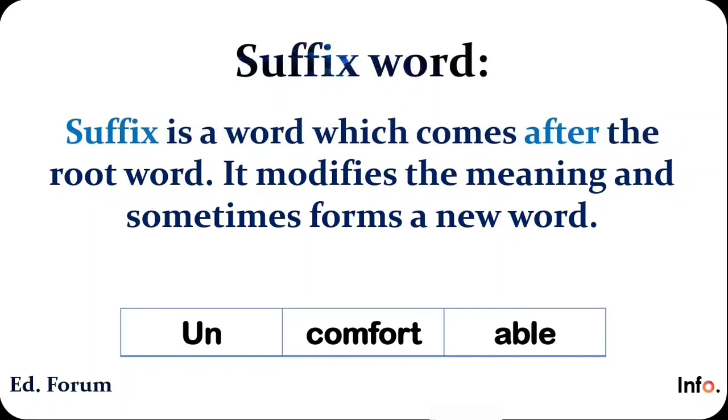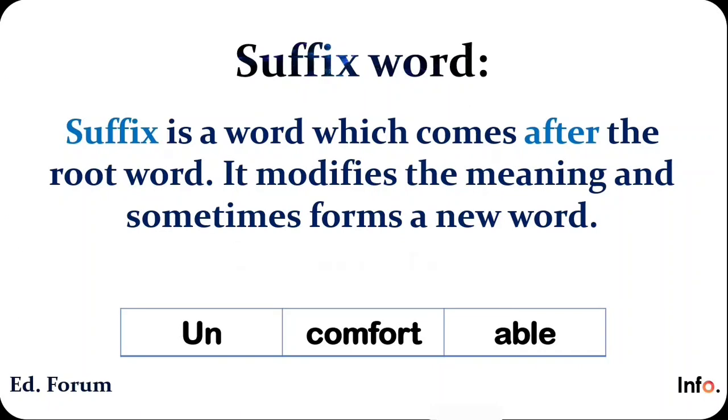Then suffix, the sister of prefix. A suffix is a word which comes after the root word, totally opposite of that. A prefix comes before the root word and a suffix comes after the root word, and it modifies the meaning and sometimes forms a new word as well, right? So they both have the same function, but one comes before the root word and one comes after the root word.